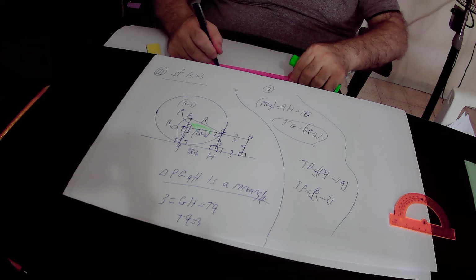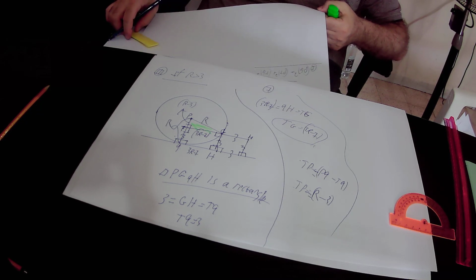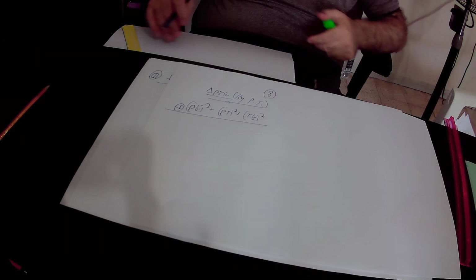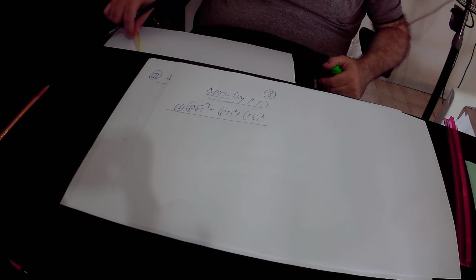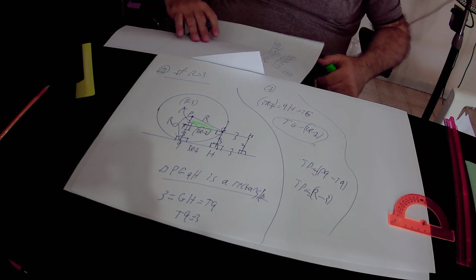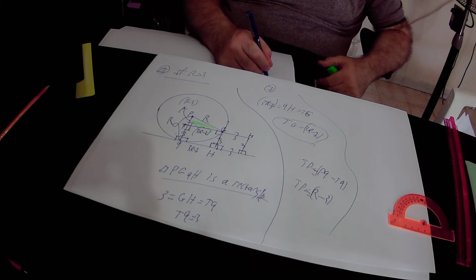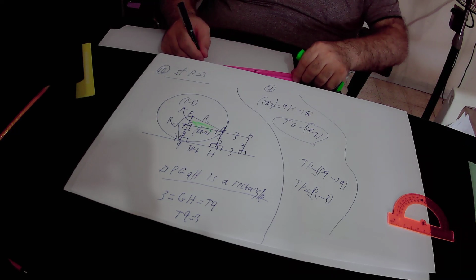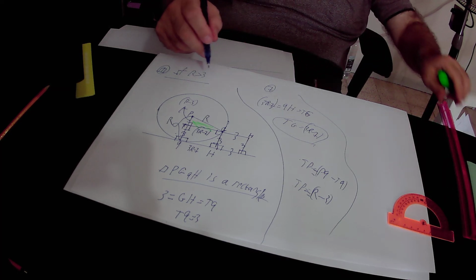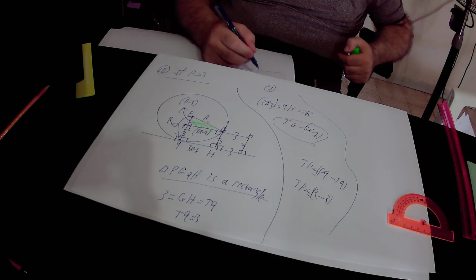Repeat again. According to the Pythagoras theorem, PG square equals PT square plus TG square. So here PG is the radius of the circle that is equal to R, and it is equal to PT square.